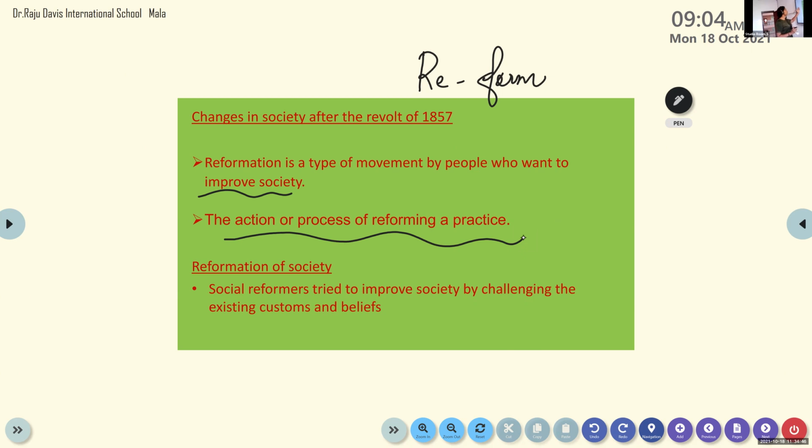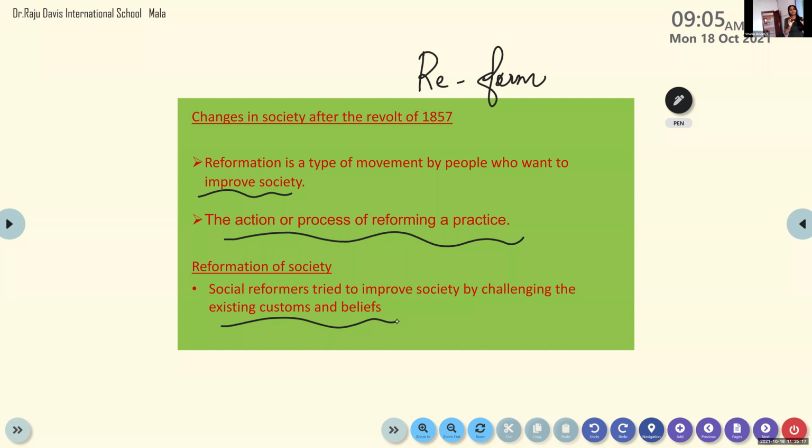Reformation is a type of movement by people who wanted to improve society, who wanted to change the existing customs and practices. The social reformers tried to improve the society by challenging the existing customs and beliefs.